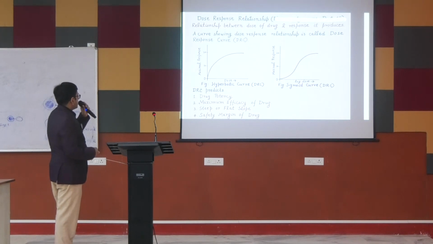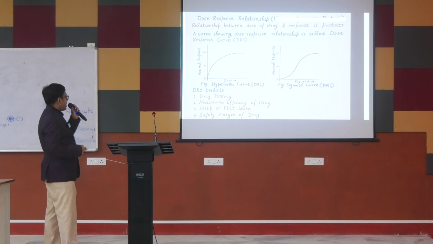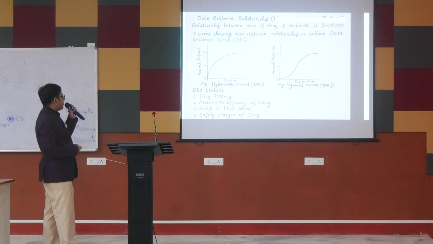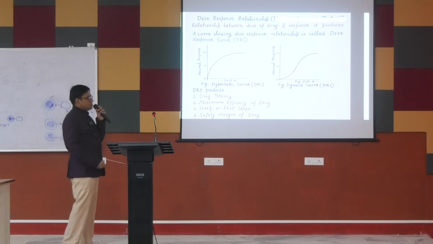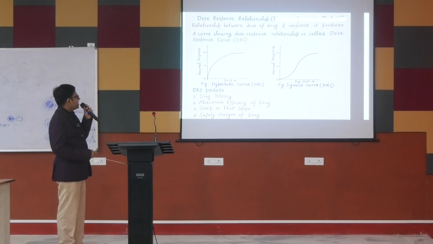But before that, instead of taking the dose of the drug, if you plot log dose of the drug against response, then this dose response curve becomes a log dose response curve, and the shape changes from a hyperbola to a sigmoid shape.